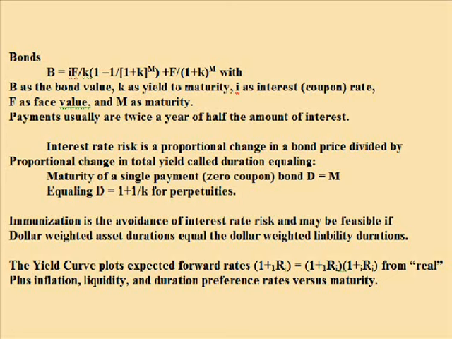A bond is a debt instrument comprised of two pieces, an annuity and a single sum, the annuity being the interest payments and the single sum being a face value, which is always computed as 100 percentage points of face value. In actuality, the payments are made twice a year of half the amount and properly would be compounded twice as often at half the rate of half the amount, but computationally is not that big of a deal, at least for academics.